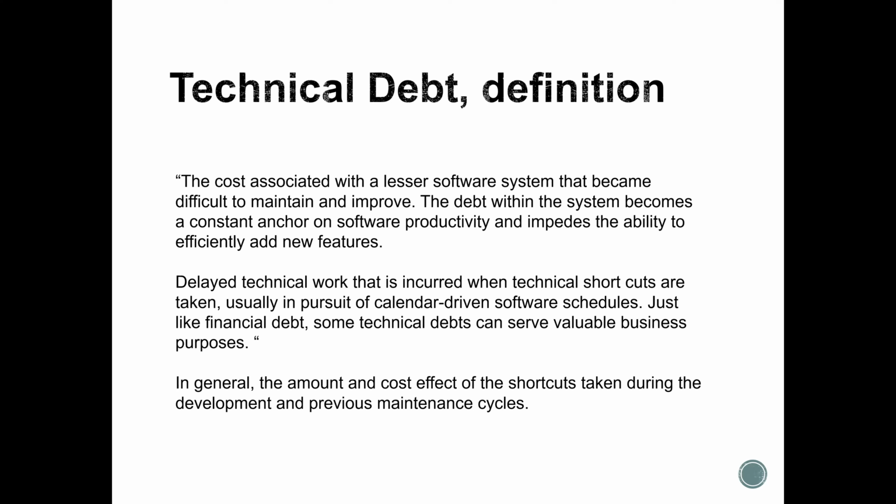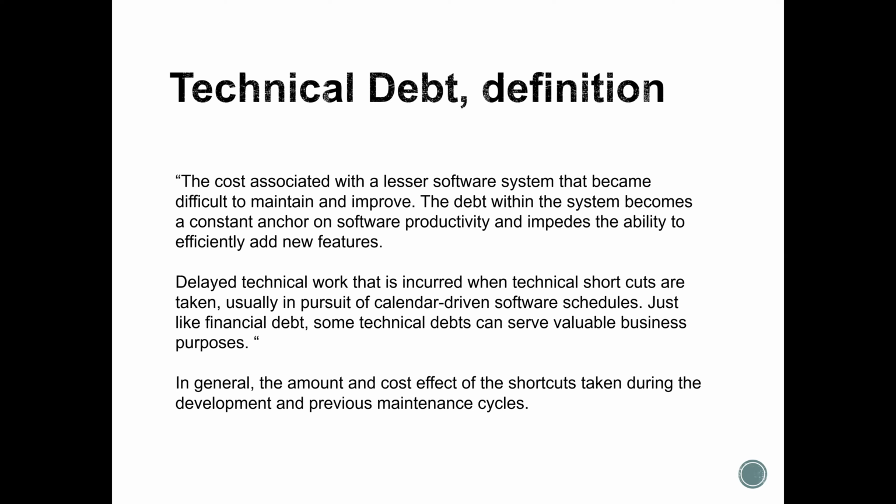The other definition, if you see on the screen, says delayed technical work is incurred when technical shortcuts are taken, like the shortcuts I just mentioned. Maybe you have not done the testing part, or the coding part has not been done correctly. You have not used classes and methods, and you have not declared the variables inside the classes.